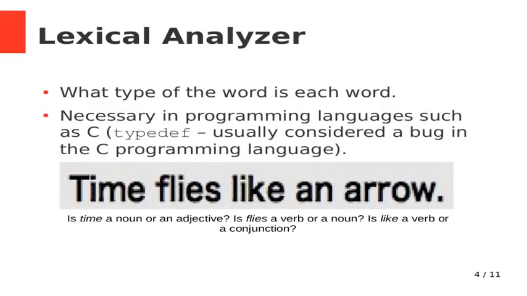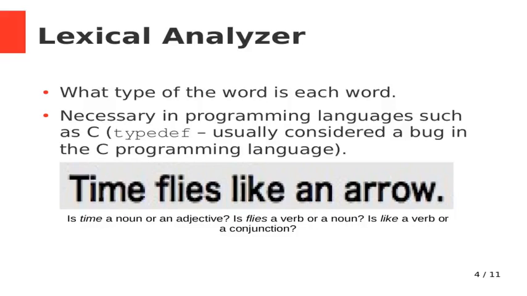Then after the Tokenizer, some programming languages need a lexical analyzer, that is a part of the compiler that tells us what type each word in a programming language is. In most programming languages it's not necessary, but in C, which has many compilers, it is necessary because of the typedef keyword.